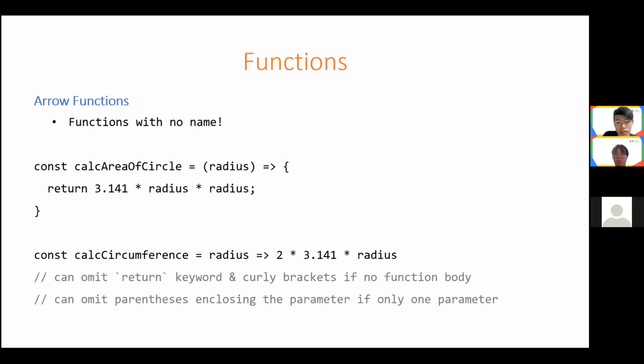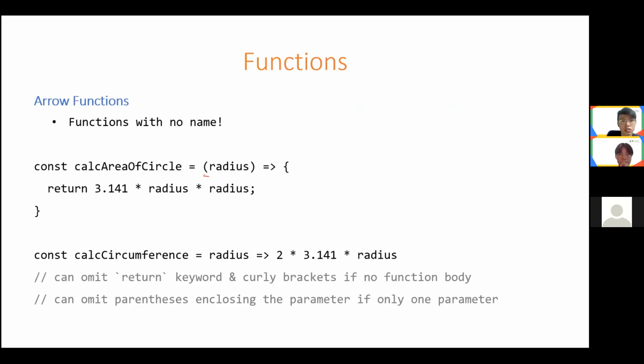An inline function is basically a short form for creating functions. I just start with the parentheses, I do this arrow, and then I do my curly braces, and the body is inside. This is what we call an inline function or an arrow function.